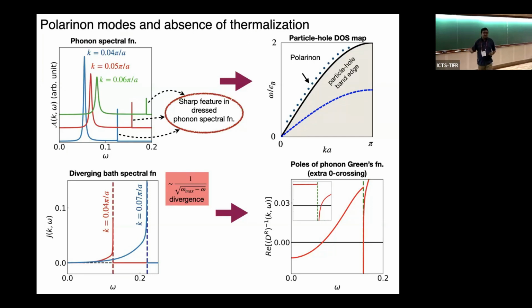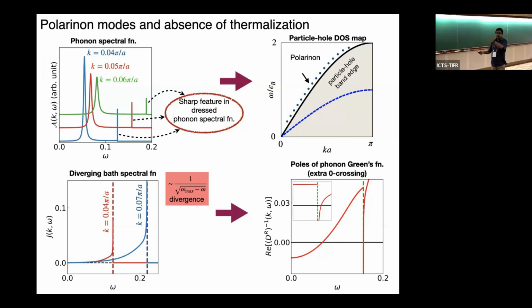Now, normally this is seen in, for example, things like polariton, but then you are just talking about mode coupling. Here, remember, the bath is some incoherent thing, and it's like the sharp divergence in the density of states. That is what is enough, although it's not a single mode, to give you this extra mode outside, okay?